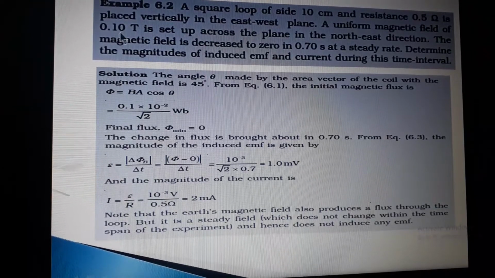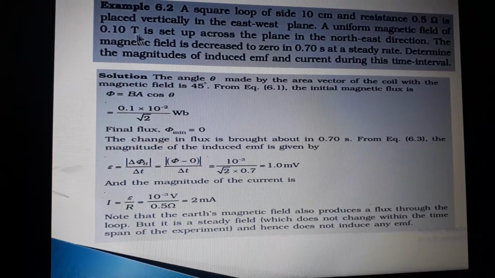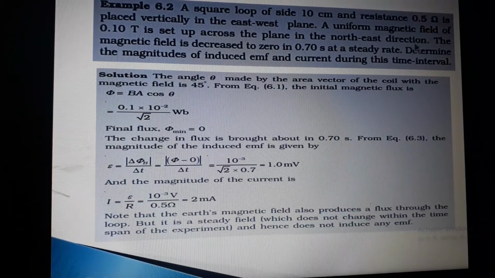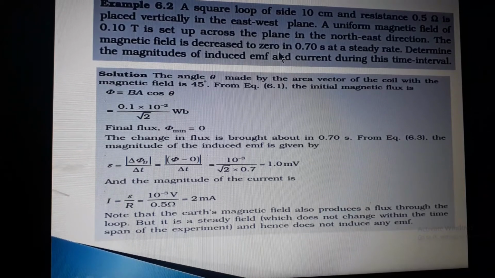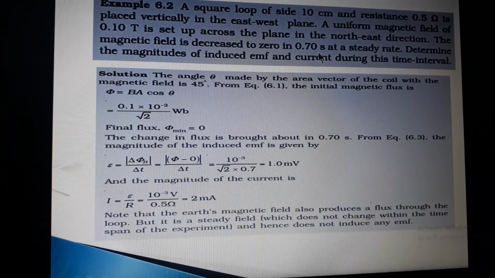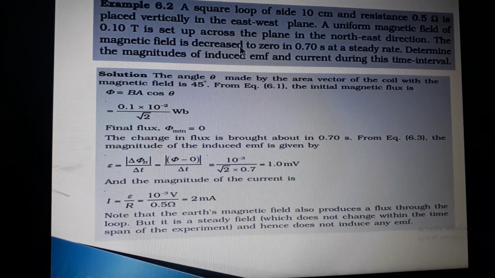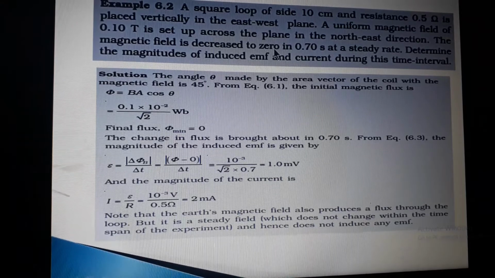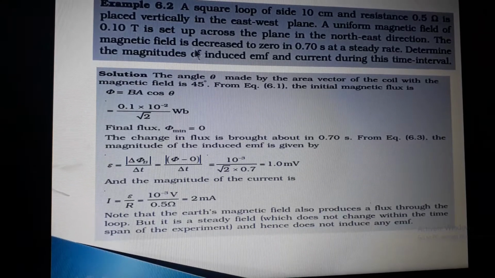So B = 0.10 Tesla is set up across the plane in the northeast direction. The magnetic field is decreased to 0 in 0.70 seconds. That means the time period is 0.70 seconds, and the magnetic field is decreased to 0, so the final magnetic field is 0.